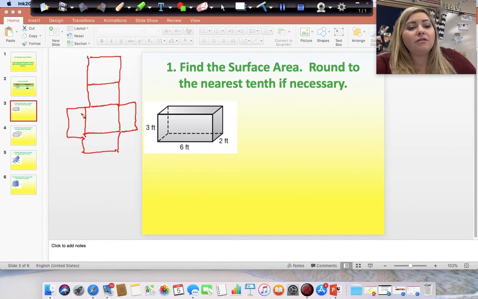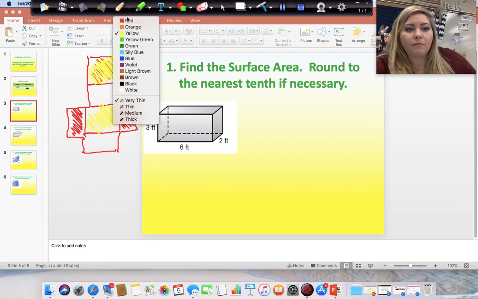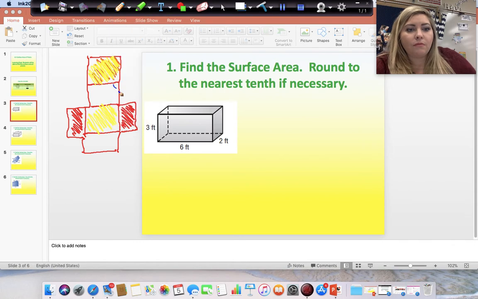These two sides are the same. These two parts are the same. And these two parts are the same.